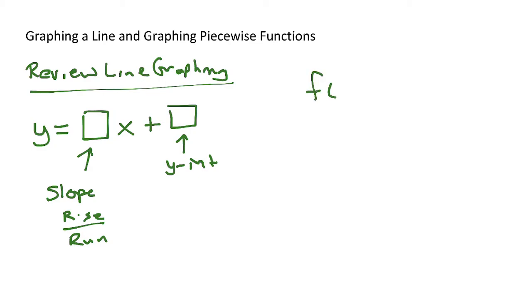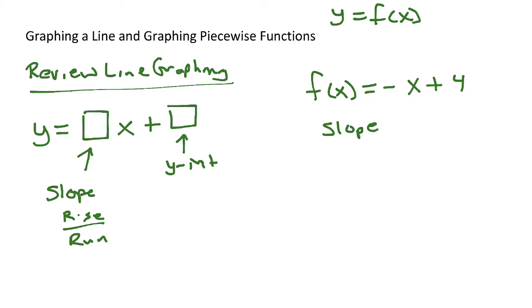But remember that if we have f of x equals negative x plus 4, y and f of x are the same thing. So in this case, the slope is equal to -1. The y-intercept is equal to 4.